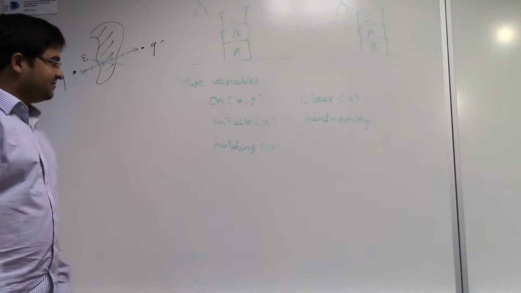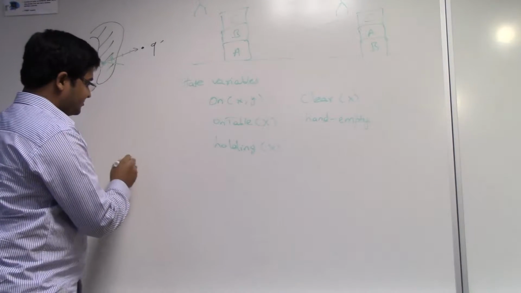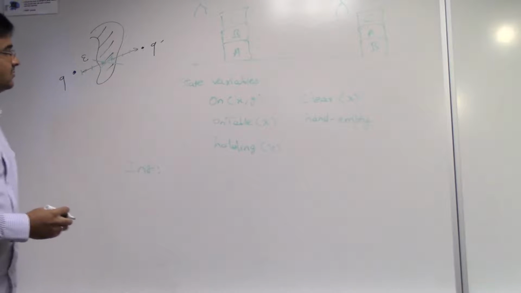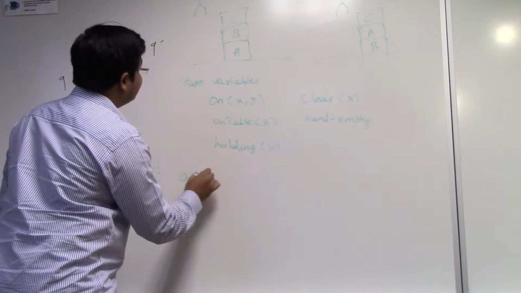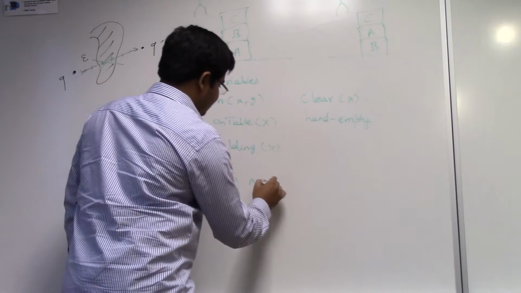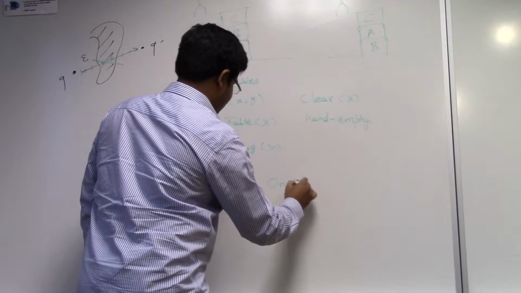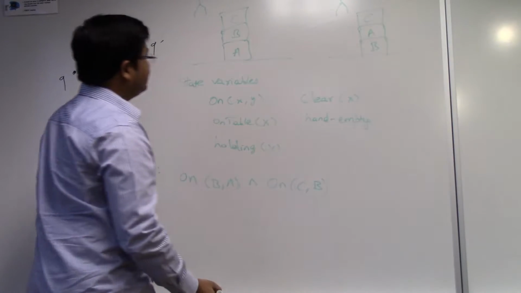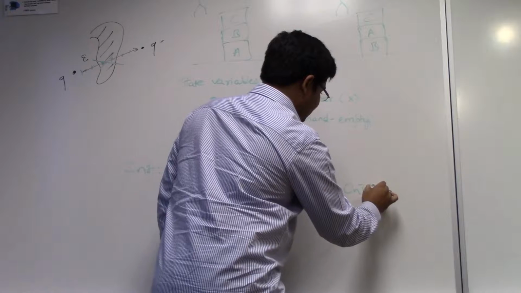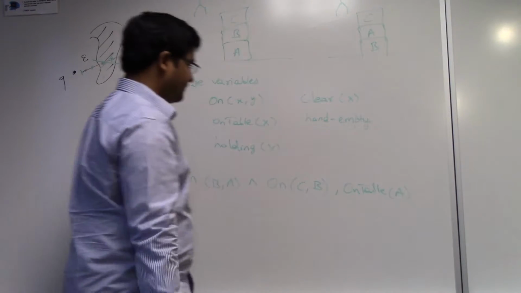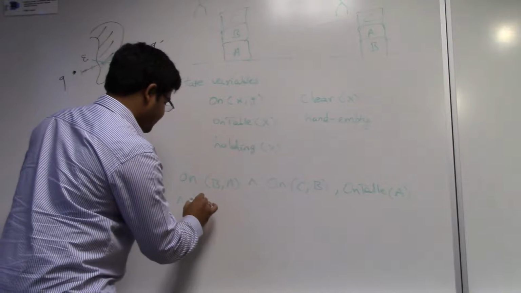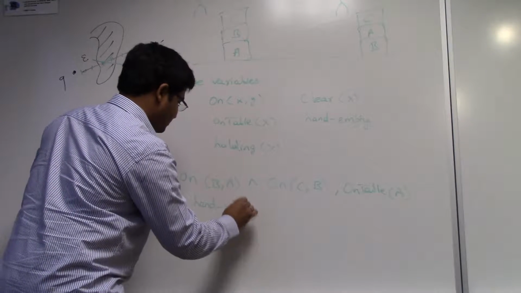So, can you tell me what is the initial state? On table A, on B A, on C B, and hand empty.